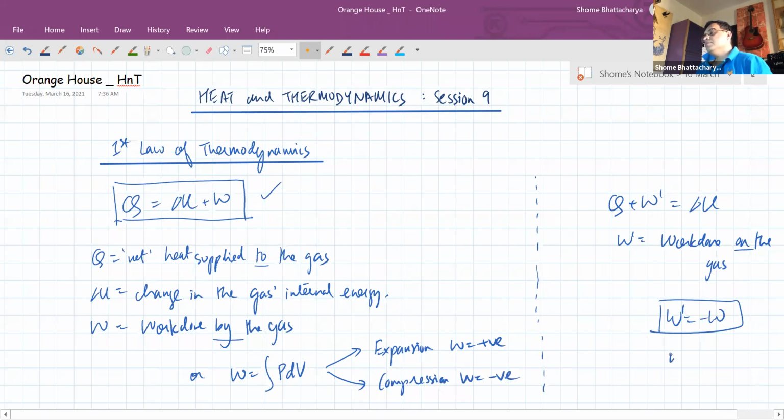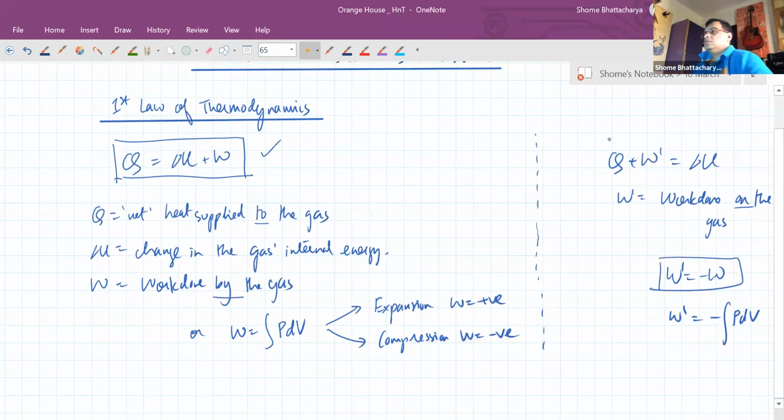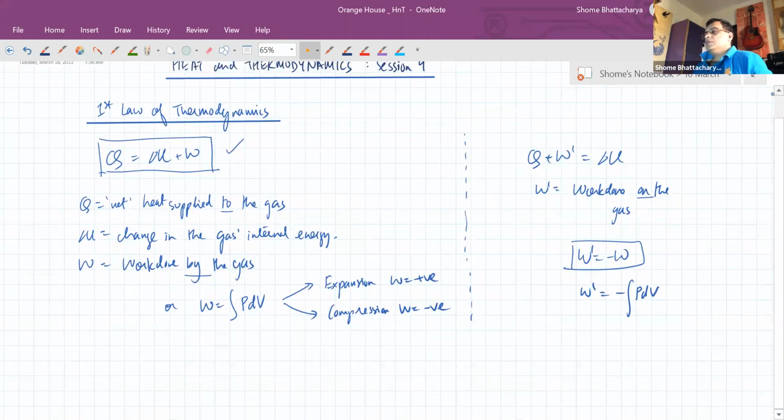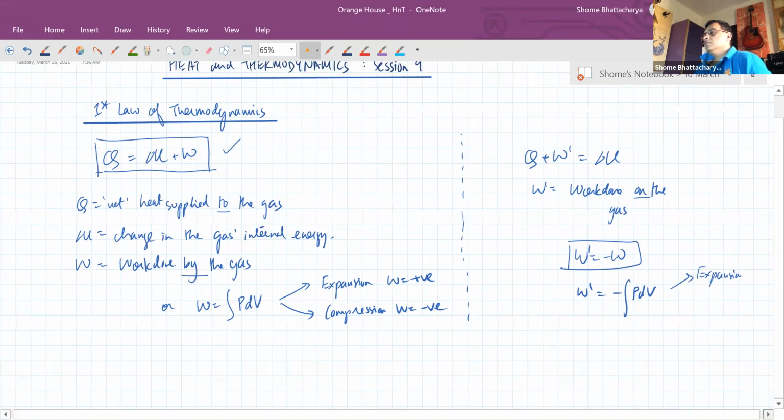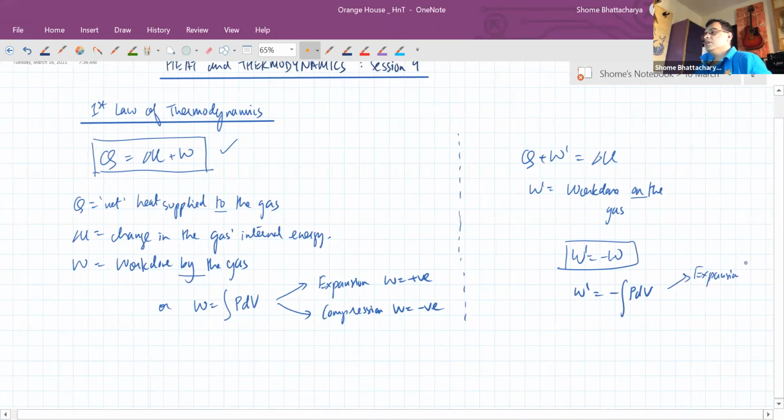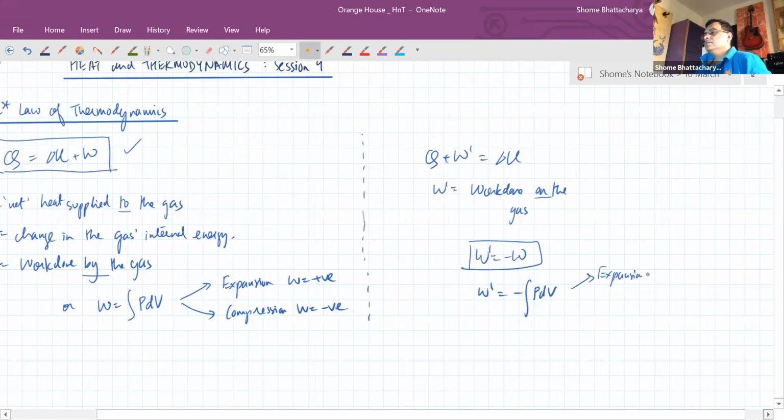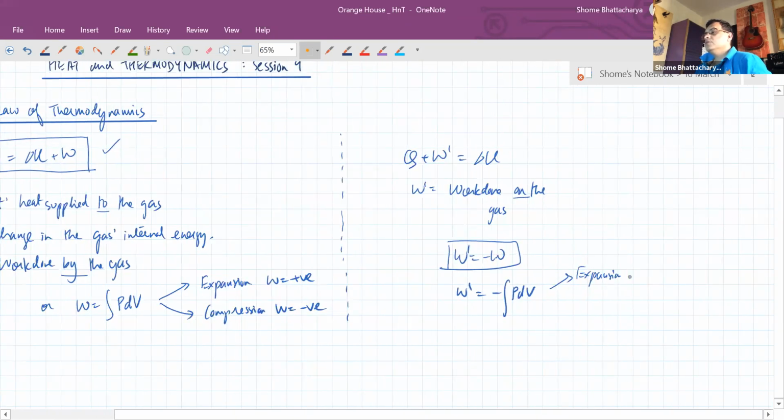Whereas W prime is defined as minus the integration of P dV, the work done on the gas. So that will be a negative quantity for expansion, because if the gas expands, the work done on the gas is negative. dV is positive, so W prime is negative.